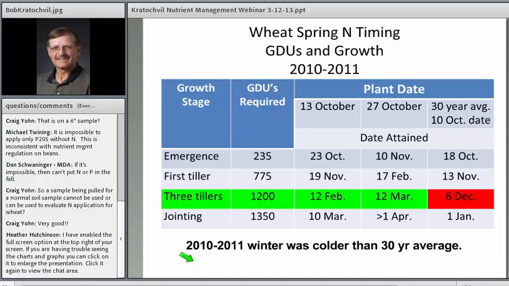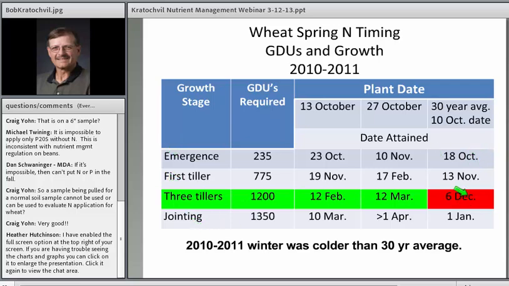All right, let's look at what happened that first winter. And I do want to point out that that was a winter that was colder than our 30-year average. And you can see over here we've got the 30-year average, based upon an October 10th planting date, of the accumulation of growing degree units for various stages of development along this axis right here.